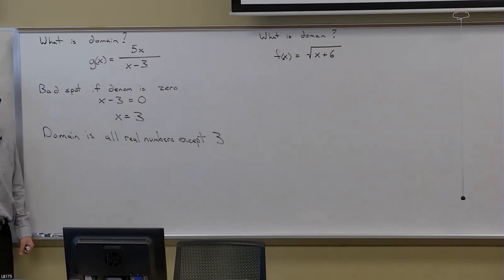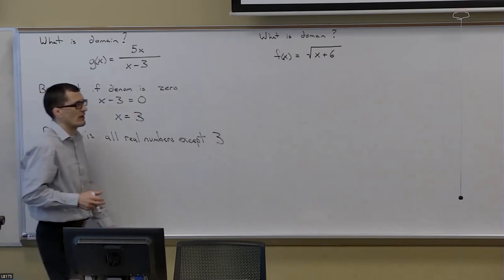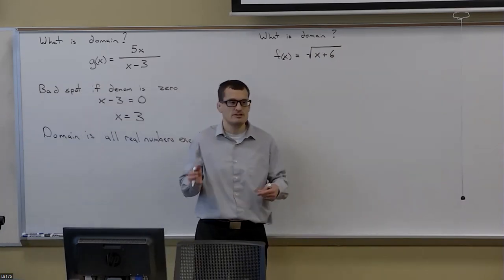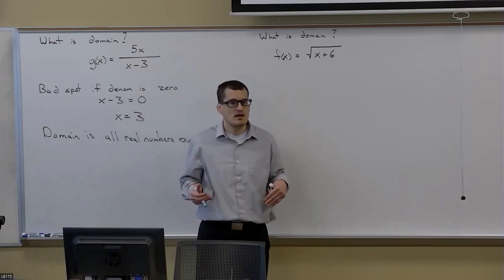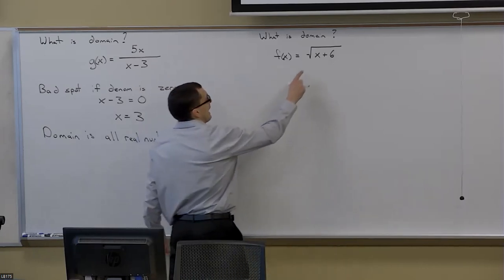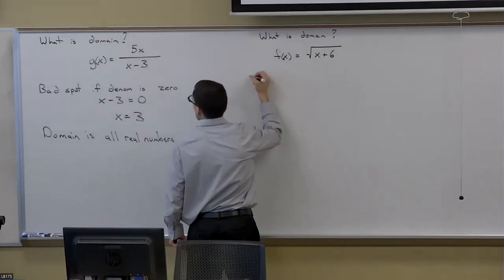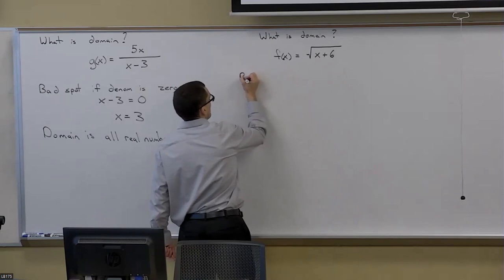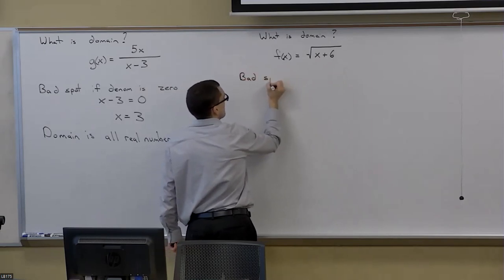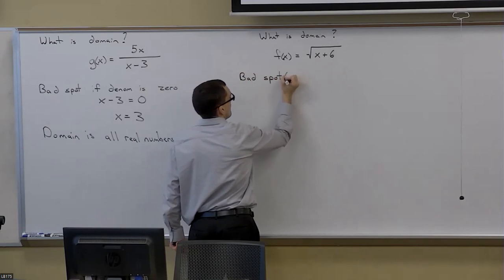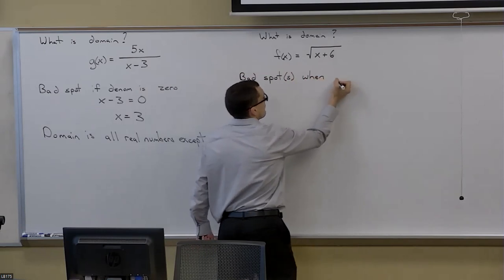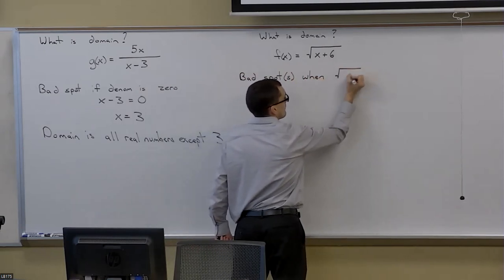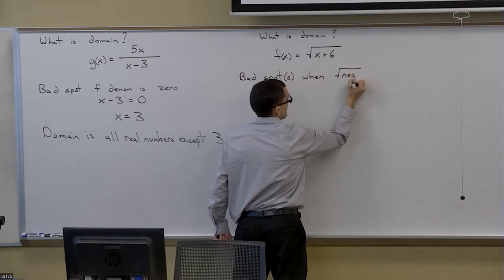Well, if we have square roots and we want to graph on the Cartesian coordinate plane, the Cartesian coordinate plane only allows for real numbers in our x's, real numbers in our y's. And therefore, we get bad spots when we get a square root of a negative.